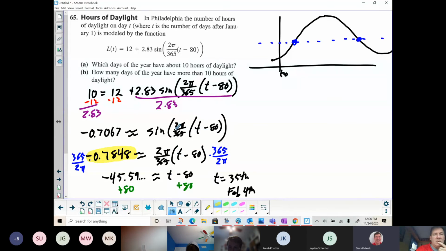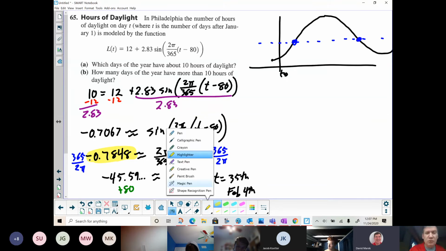Okay, so our sine is a negative 0.7076 in the third quadrant and the fourth quadrant. Okay, so I'm saying the 0.7848, that would be a fourth quadrant angle. Now we need the corresponding third quadrant angle.